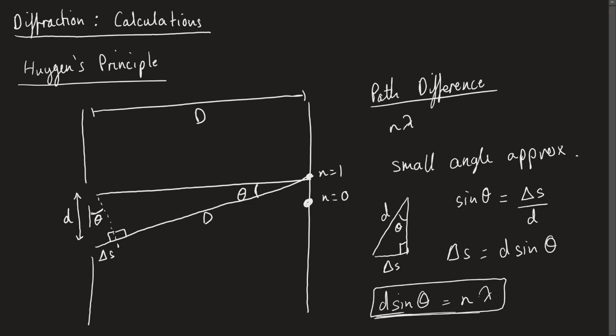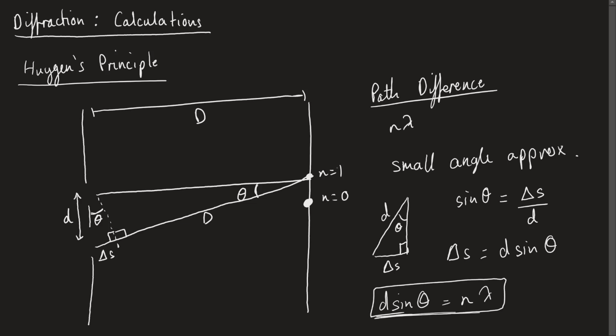This value of n, you'll notice that I've been labeling these maxima as n. This n is the order of maxima, which is basically saying that to get to n equals 0, the central maxima, there is 0 path difference, because it is exactly in the center of both of these slits.